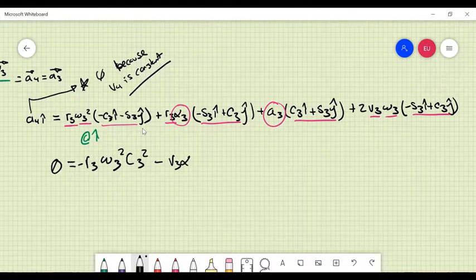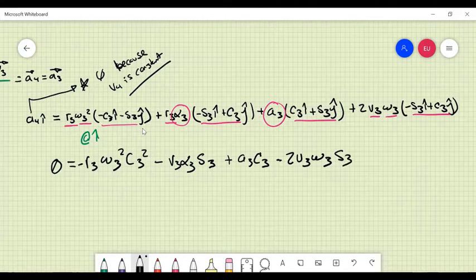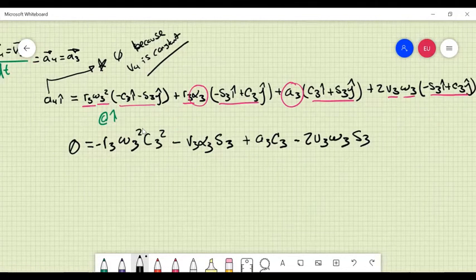Minus R3 alpha 3 sine of theta 3 plus A3 cosine of theta 3 plus 2 times both of the velocities, and this is minus because of the sine of theta 3. All that is happening horizontally, and you can start substituting some values already because you have numerical values for most of these things. So you have 0.